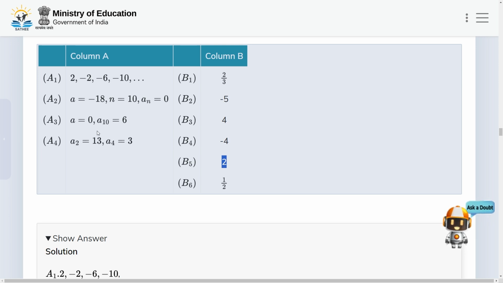And now go to A3. In A3 we have the first term a given as 0, and a10 is equal to 6. Okay, and we need to find the common difference. Obviously we know the nth term of an AP, an is equal to a plus n minus 1 times d, and here we will use this formula for a10.